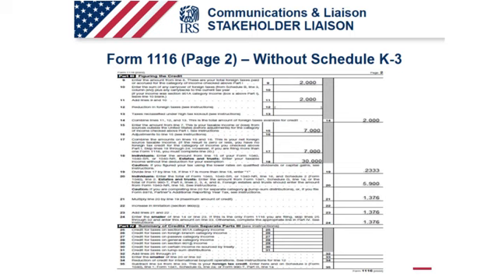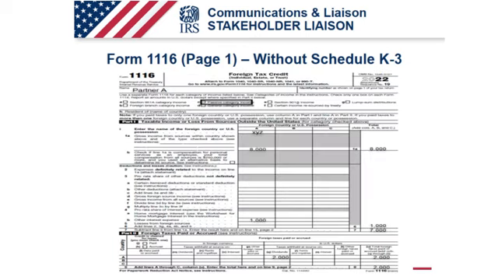And we walked through how we come up with that $1,000. So now line 7 will show you that the total foreign source income now is $7,000. Part 2 shows you the total amount of taxes paid was $2,000.